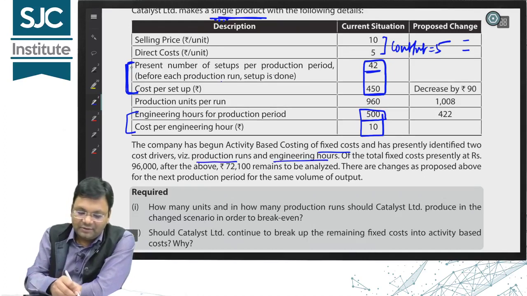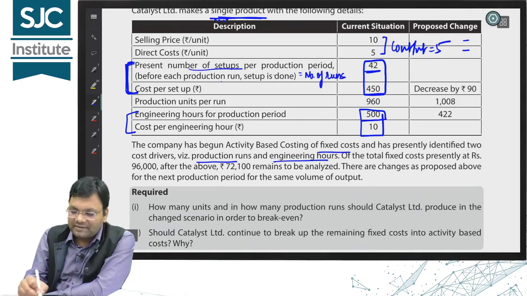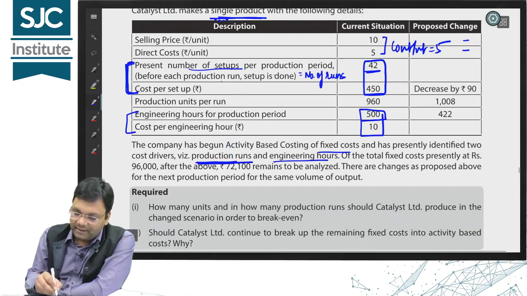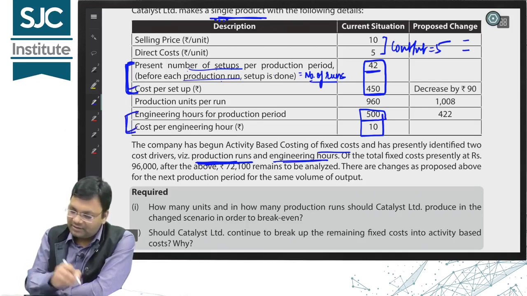Production run means number of setups; number of runs and number of setups is the same. Don't get confused with production run. So for this we have the two costs.